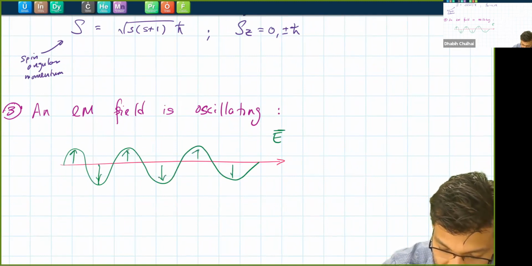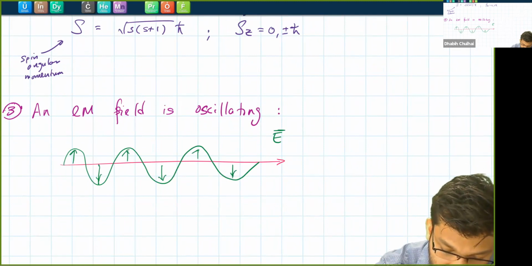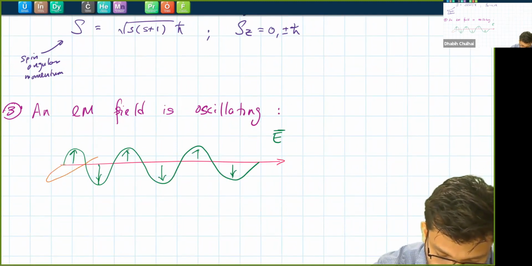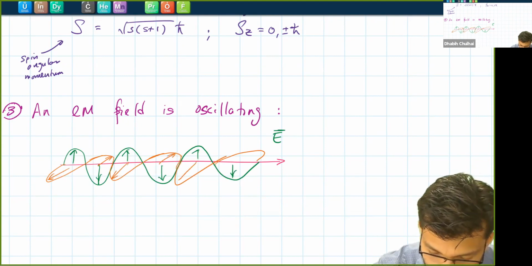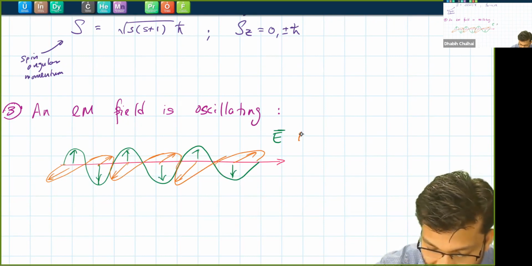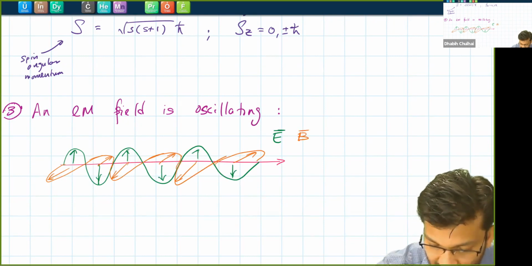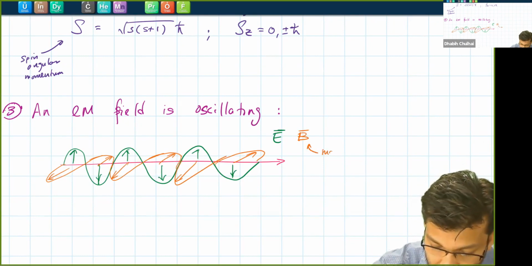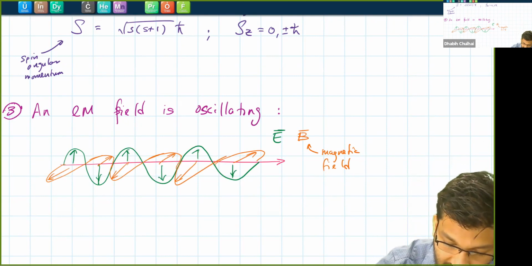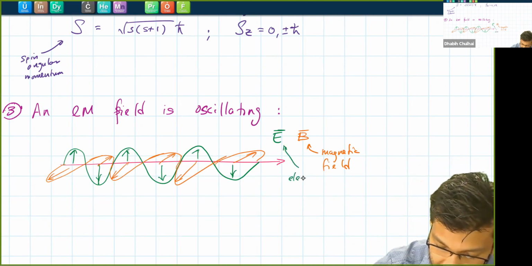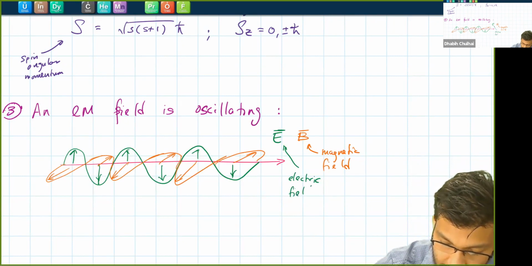And it oscillates between positive and negative over and over again. And then you might have the magnetic field part running perpendicular to that. It's hard to draw, but imagine this is going in and out of the page, right? So that's the magnetic field. Let's call it B. I'm not going to tell you why we call it B, because I don't know why they call it B. I was going to put M, but let's use B. So it has an oscillating electric field and an oscillating magnetic field, right?